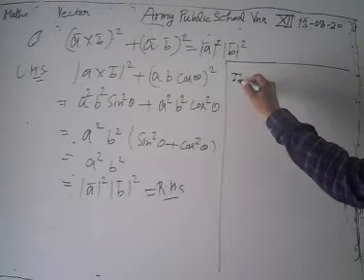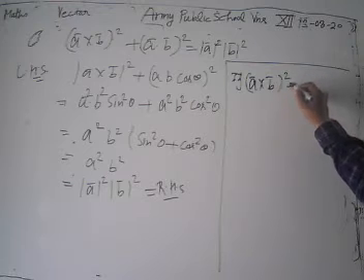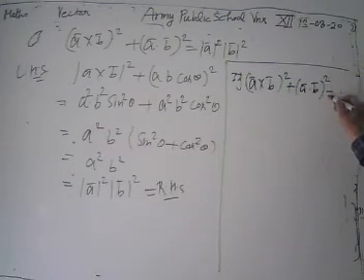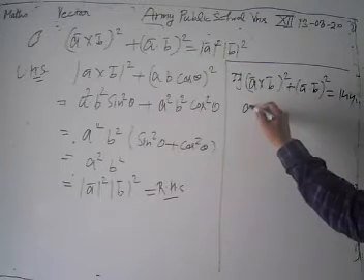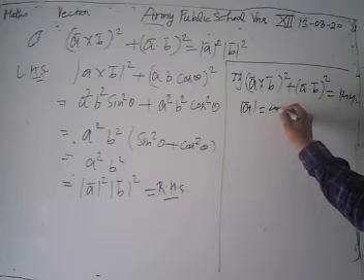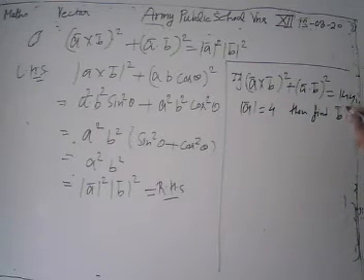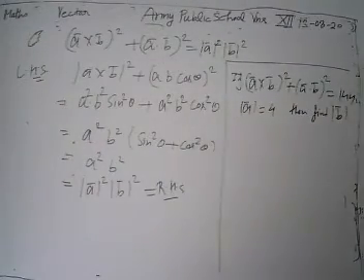If vector A cross B whole square plus the value of A dot B square is given as 144, and the magnitude, the length of A is 4, then find B.